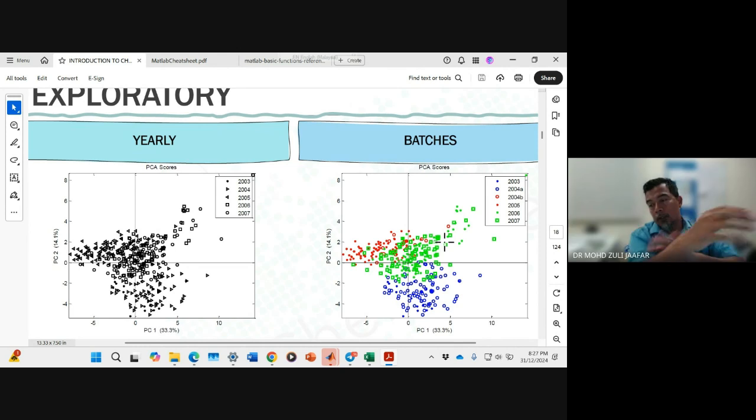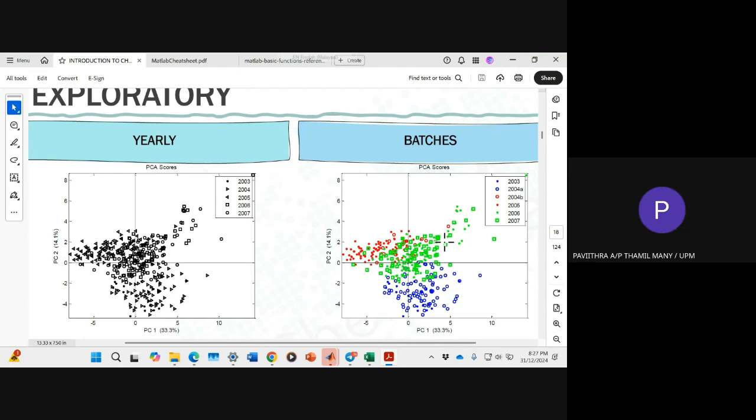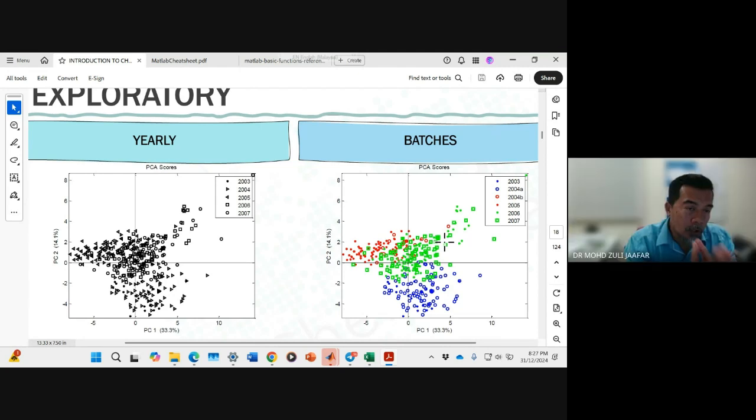Okay. Good. Now, I think in your case, you already control your data set generation because you just received the sample of palm oil, isn't it? And you get the spectra on your own. You have a fixed instrument. Yes.